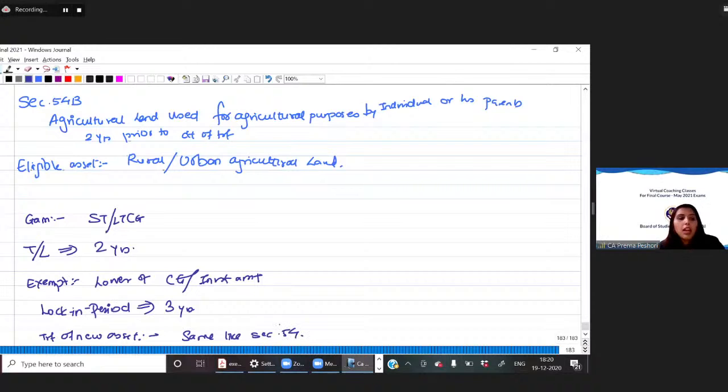So tell me one thing now. If the assessee invests the capital gain in rural agricultural land and transfers it within 3 years, whether capital gain would arise. If the assessee transfers the new asset within 3 years, and the new asset wherein he had invested was rural agricultural land, whether capital gain will arise, or whether the exemption will be revoked.